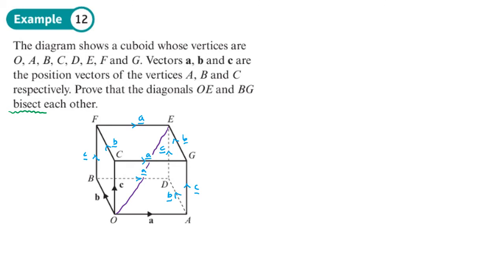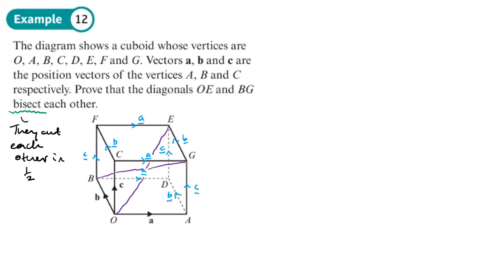So you'll have to use your imagination, that that's like 3 dimensions. And then another one that goes from B to G. So again, use your imagination like that. And bisect basically means they cut each other in half.